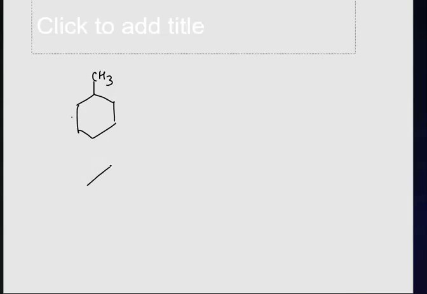Let's draw the first chair conformer, which looks like this. Again I'm going to choose any CH3, so let me choose this one, but now my CH3 is axial. What happens when this is axial is that there are hydrogen atoms present on these carbon atoms. There are hydrogens here, and there is a hydrogen here.